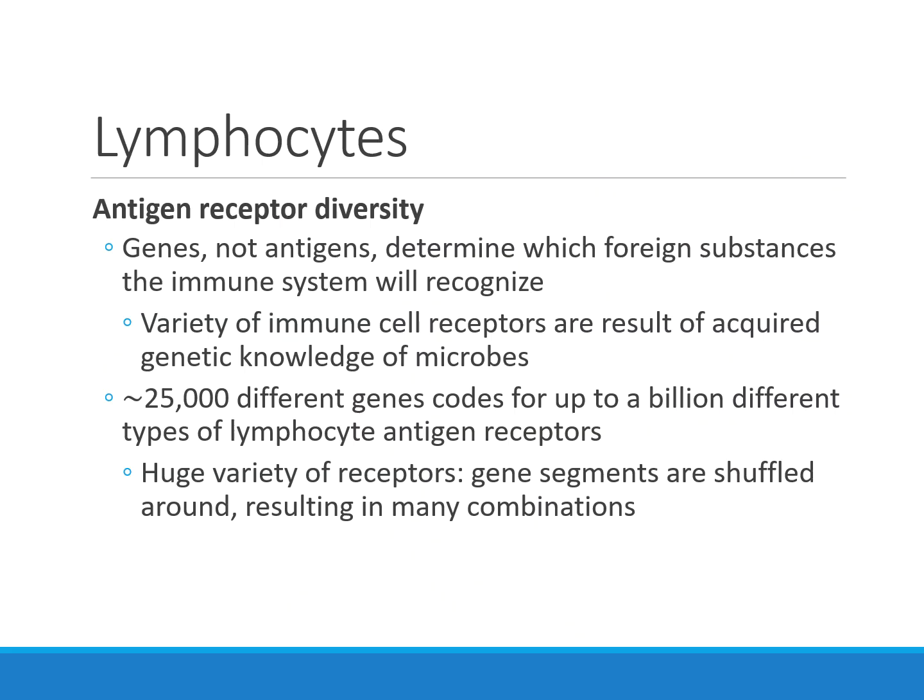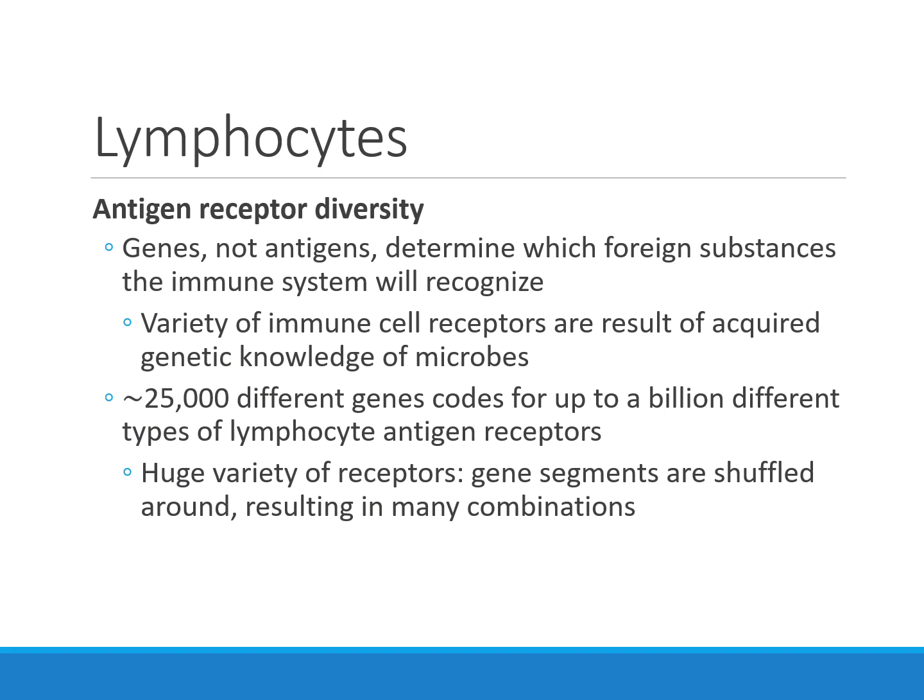Antigen receptor diversity: it's genes, not antigens, that determine which foreign substances the immune system can recognize. So you are genetically programmed with your immune system. There are a variety of immune cell receptors that are the result of acquired genetic knowledge of microbes. There are approximately 25,000 different gene codes for up to 1 billion different types of lymphocyte antigen receptors.